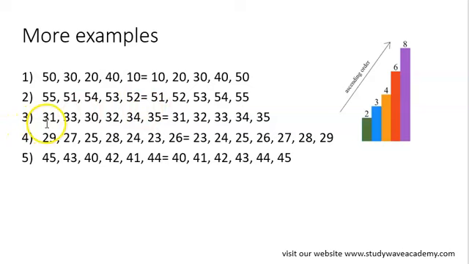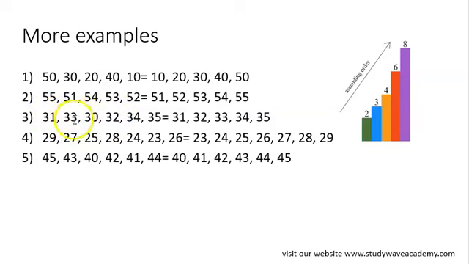We have number 31, number 33, number 30, number 32, number 34, and number 35. We're going to arrange from the smallest to the biggest, and the smallest number here is number 30. From 30 we move to 31. The next is 32.